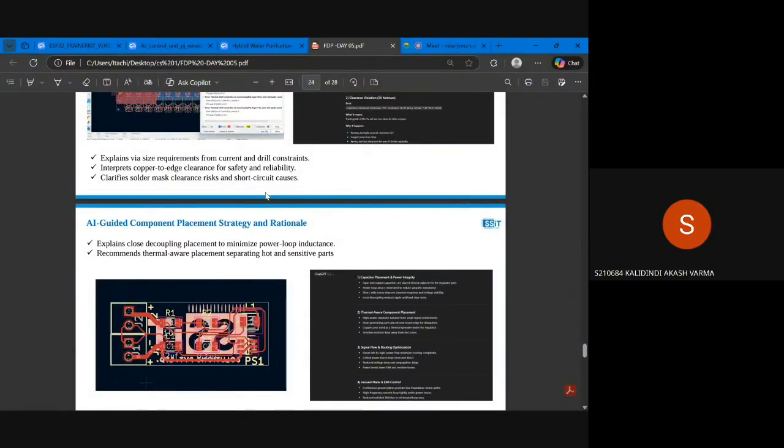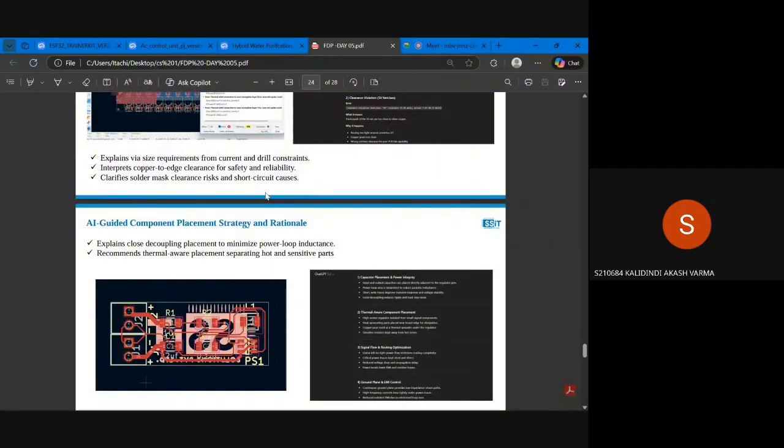And one more thing, before AI, we needed to go for vendor verification. We need to check whether the component is available or not, and whether the footprint is matched or not. Now the AI tools will reduce our manual work. Before sending to the manufacturer, we can check all the component availability using AI tools, so that if a component is not available at the store, we can go for a similar footprint component replacement.